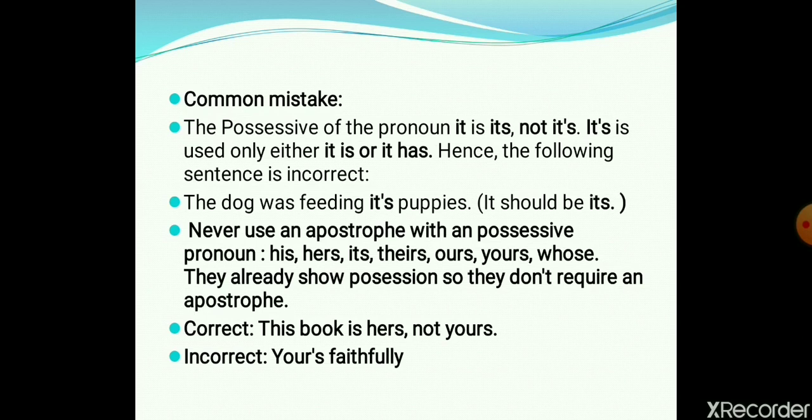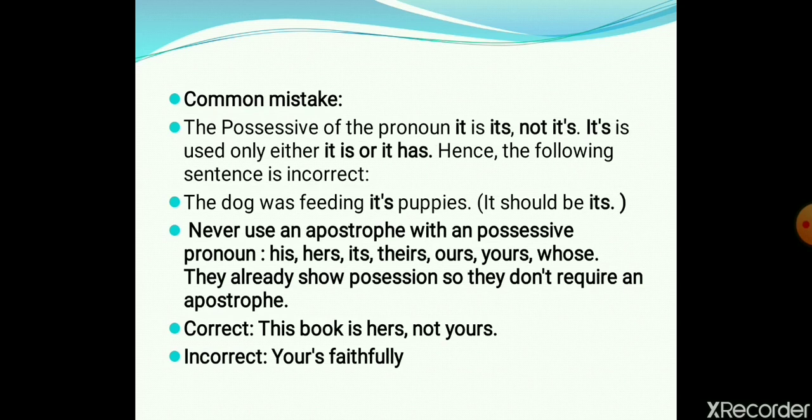So if I am using it's over here, the sentence would be like this: the dog was feeding it is puppies. Is it sounding correct? No, it is not. It is wrong. So over here, instead of using the contraction form of it is, with an apostrophe, we have to use what? We have to use its, without an apostrophe. Is it clear?